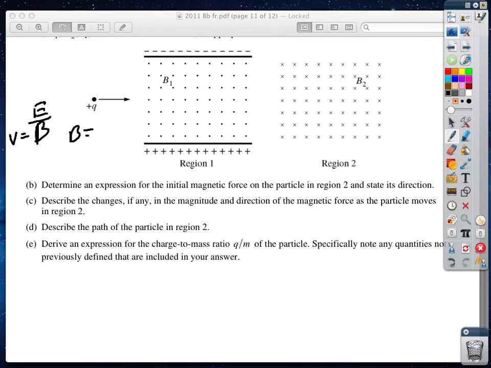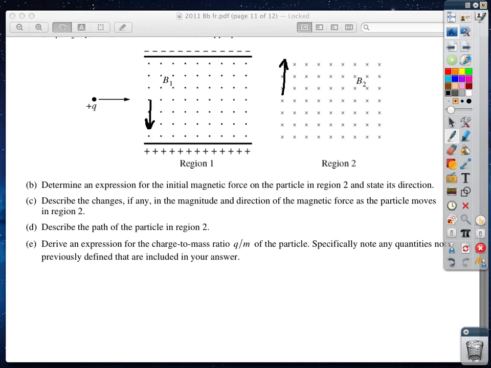So then B in this one is E over V. So you could maybe solve for this B field and talk about that if you want. Wait, no, it doesn't say field. It just says force. Okay. Sorry. It didn't ask about the field. It's just asking about the force. So this force was pointing down, and then this force is pointing up.